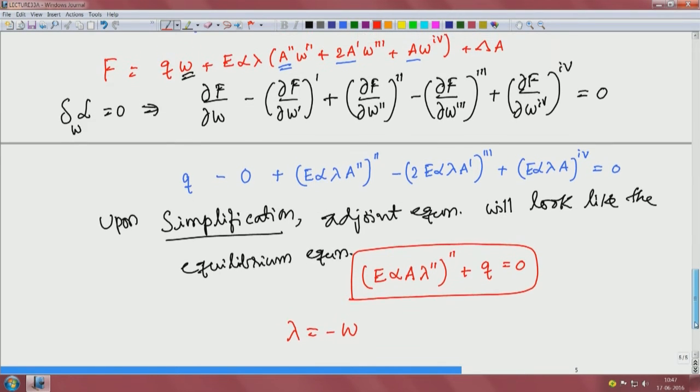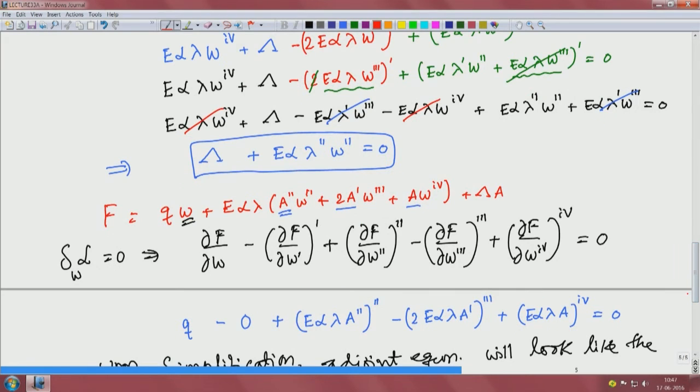Once you know lambda equal to minus W, we go back to this equation and then find something. If I do this, it will become E alpha W double prime square equal to 0, because lambda equal to minus W, so lambda double prime equal to minus W double prime.